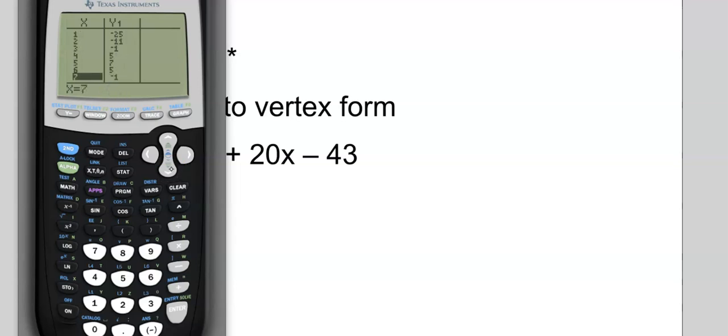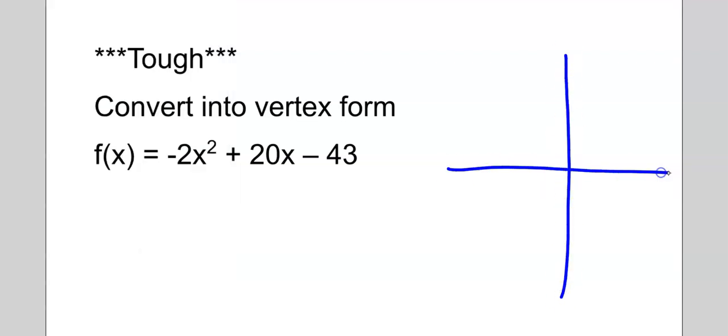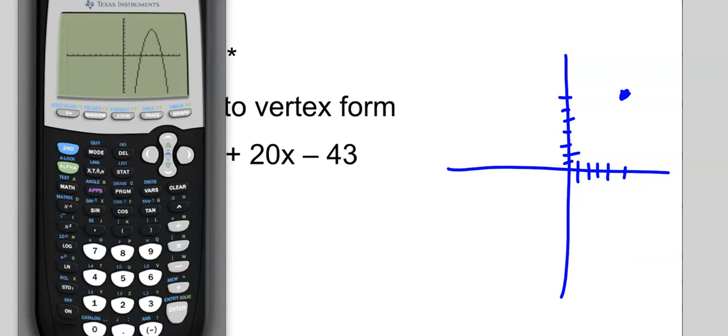Okay, see how we have this, if you look at it, we have the 5s matching up and the -1 matching up. That means 5, 7 is our vertex. Okay? And you can see that right there, 5, 7 will be the vertex. So if we wanted to graph this, approximately there, okay?